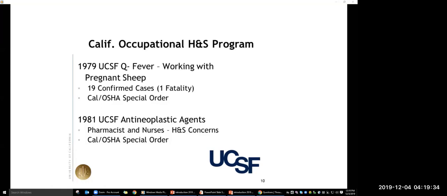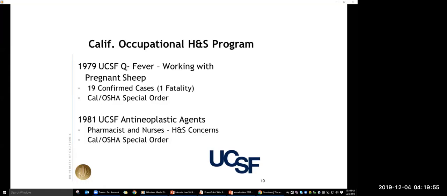This resulted in a special order being issued to UCSF and several hospitals requiring them to mix anti-neoplastic agents in a specific type of biological safety cabinet. The special order also required the hospitals to develop procedures and emergency spill plans and also provide training and proper personal protective equipment.